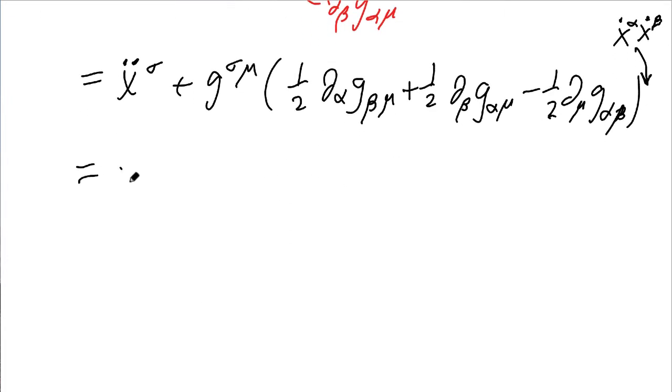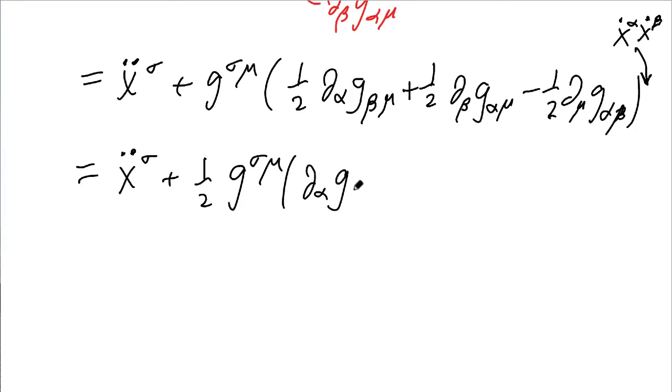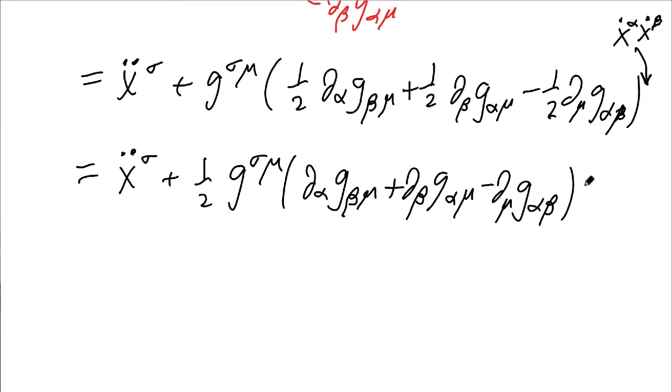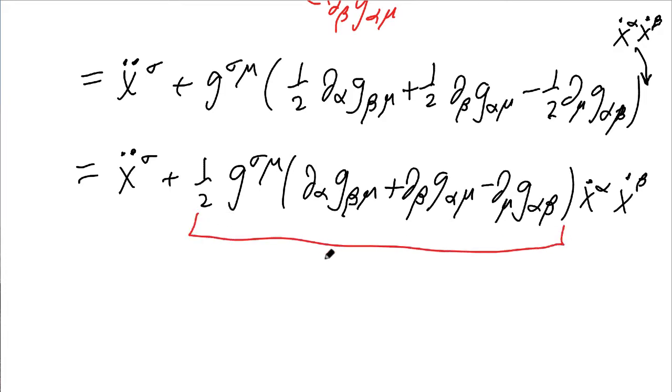Let's just pull out the factors of 1/2. This is 1/2 g sigma mu times partial alpha g beta mu plus partial beta g alpha mu minus partial mu g alpha beta, times x dot alpha x dot beta. So this, of course, is just the Christoffel symbols: gamma, alpha, beta, sigma.